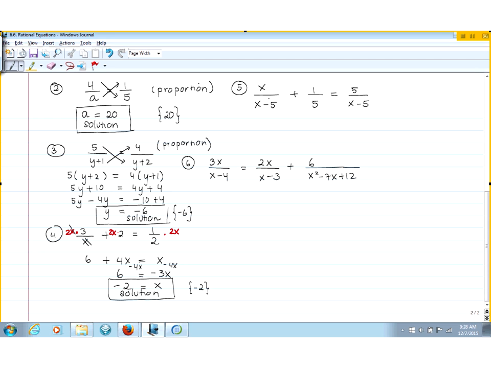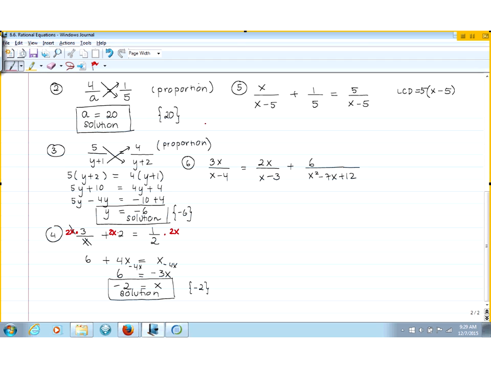Now number 5. Is it a proportion? No, the left side is not a ratio, though the right side is a ratio. So we have to multiply by the LCD to clear the fractions. What is the LCD? x minus 5 times 5. We already wrote x minus 5, so the LCD is x minus 5, one distinct factor, multiplied by 5.